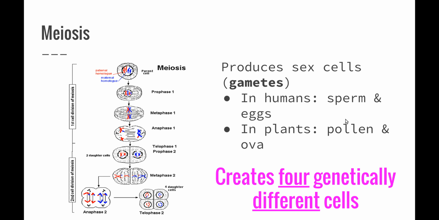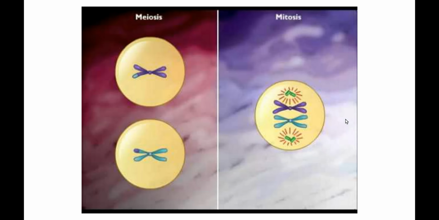Due to the process of double division, we then end up with 23 chromosomes in each. So when the sperm and the egg cell come together during the process of fertilization, which we'll be looking at a little bit later, we then restore that number of 46. So a normal organism is able to be produced.